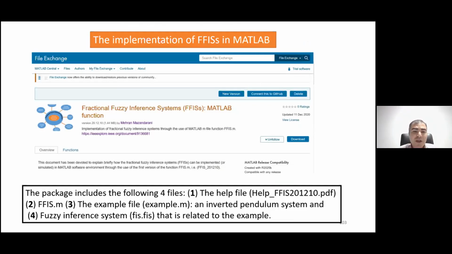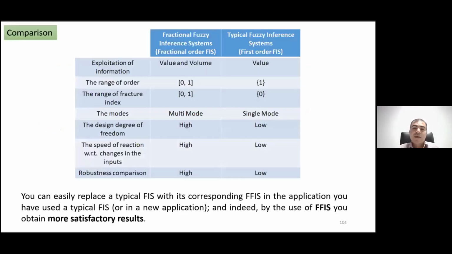The package includes 4 files: the help, the main function, the example file, and its corresponding FIS file. And this MATLAB code can be converted to other languages if someone would like to use it in other languages.